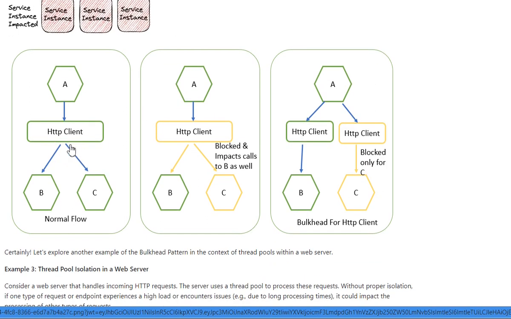Now let's take another example. This is a normal flow that we are having here. If we have this green one and this yellow one, and the heavy load comes, it's going to be distributed among these two.